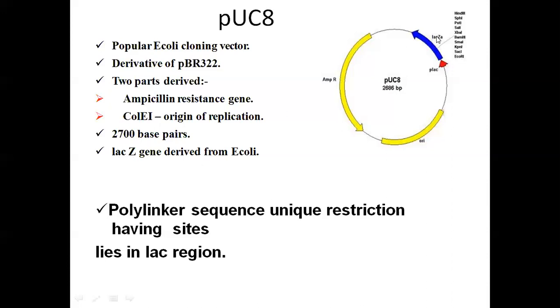LacZ is the lactose synthesis gene, from the bacterial operon. There is the ampicillin resistance gene, and the ORI, meaning the origin of replication site. So at the lacZ gene you can cut using a restriction enzyme and insert your target DNA of interest, and you can clone it in the host cell.